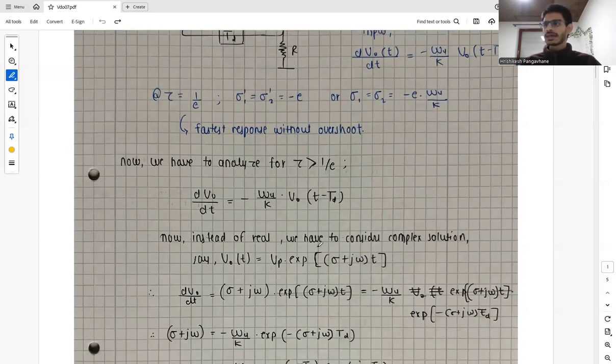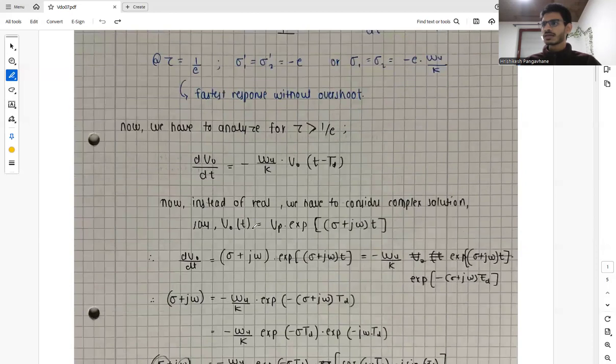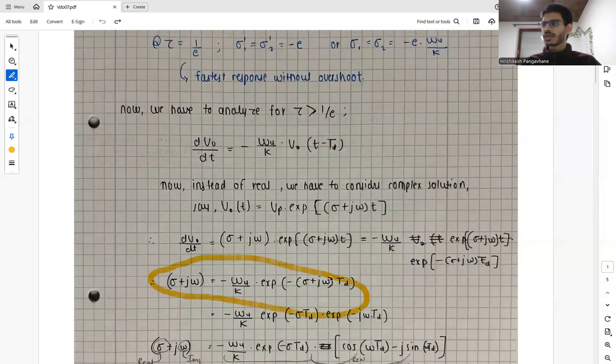So basically, let's say v naught now will be some parameter, which is a scaling factor, times the exponential of some complex number times t, and thus when we take dv naught by dt and put our value of v naught over here as well, this equation comes out to be this equation, and these two values cancel out each other, and we are left with this equation.